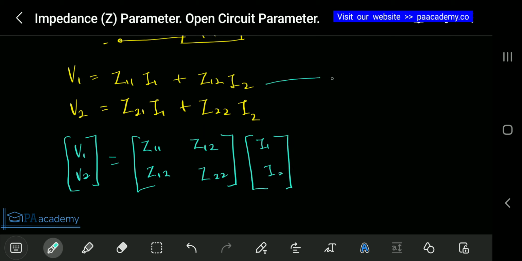Let's call this our equation 1 and let's call this our equation 2. Are we good?